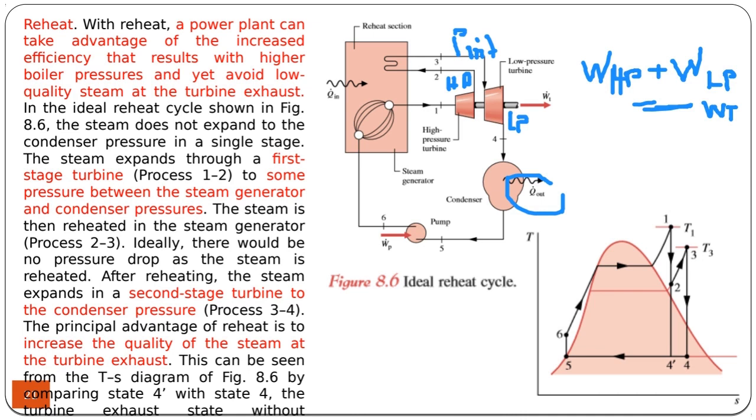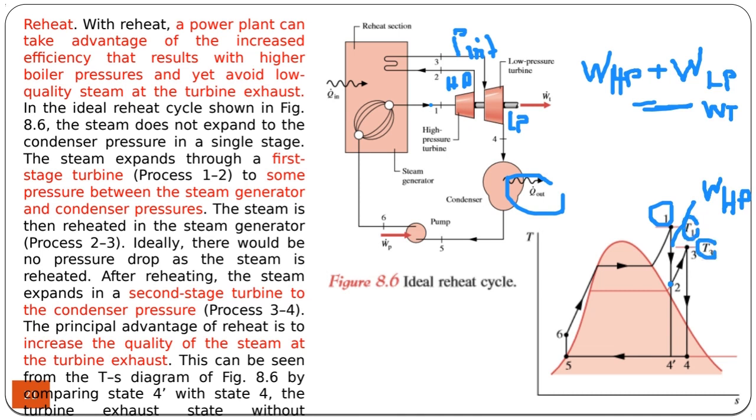So what happens is, this is the exit of the boiler, the normal exit here. It gets into the first turbine, the high pressure turbine. Then at the exit of the turbine, it's sent back to the boiler again and heated to some other temperature.